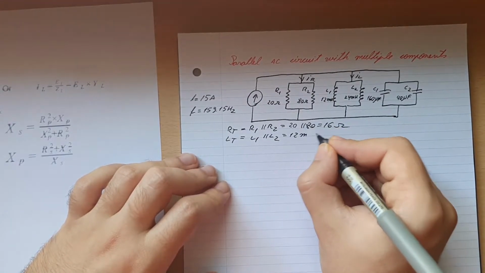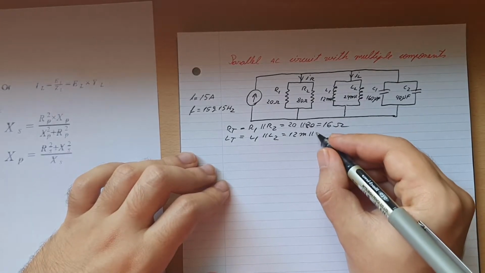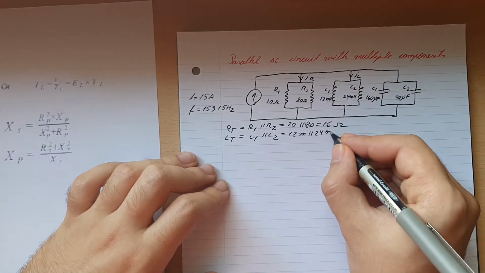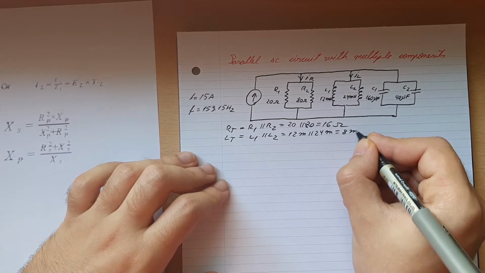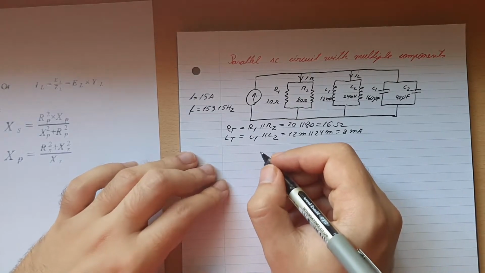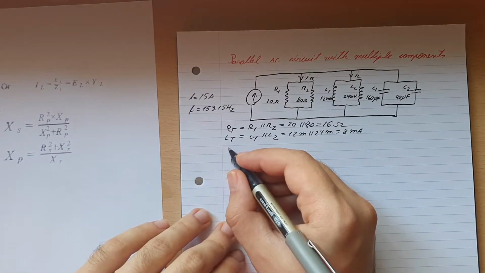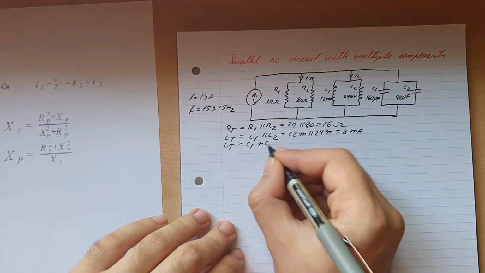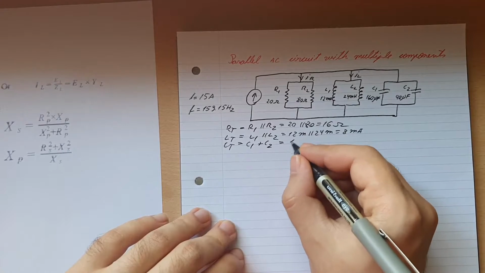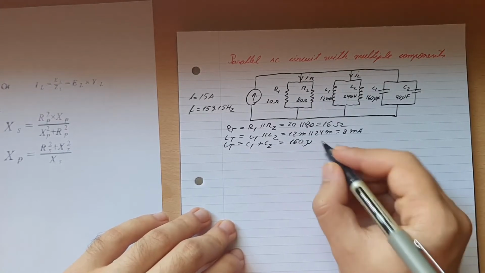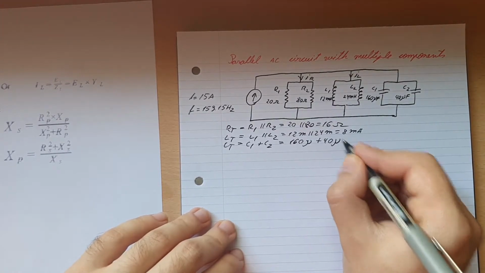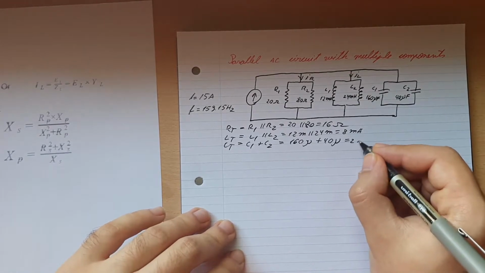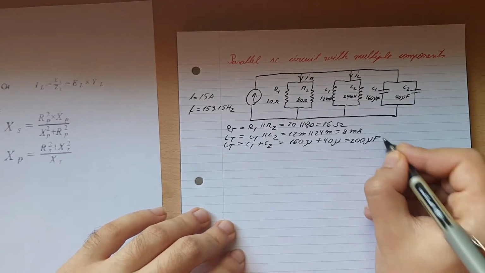That'll be 12 milli parallel with 24 milli, which is equal to 8 millihenries. And then the last one, CT, C total, is equal to C1 plus C2, that is 160 micro plus 40 micro, which will be equal to 200 microfarads.